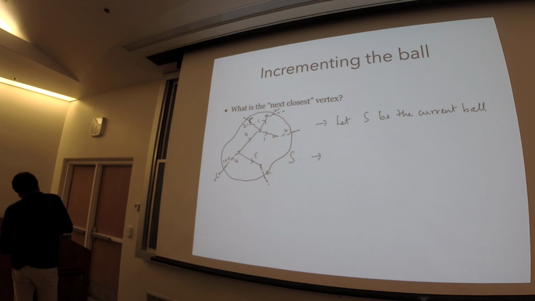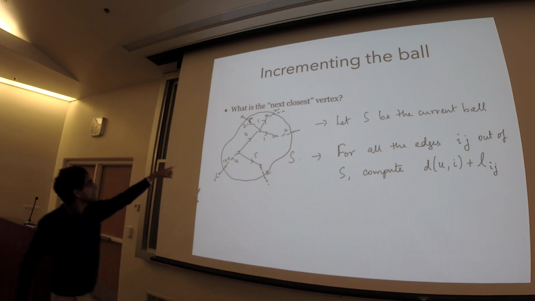And now for all the edges, let's call them IJ, out of S, compute the distance from U to I plus the length of the edge IJ.